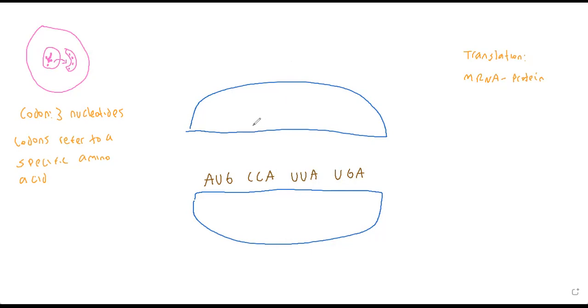I'm not going to get too much into this because it's going to complicate things a little bit too much. But what's going to happen is that the ribosome is going to read each of these codons. It's going to read it and it's going to say, okay, AUG, this corresponds to the amino acid called methionine. And it's going to start the amino acid chain with it, MET.